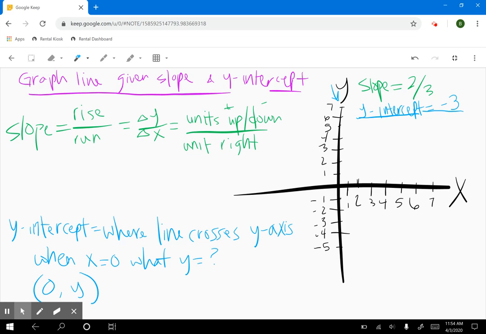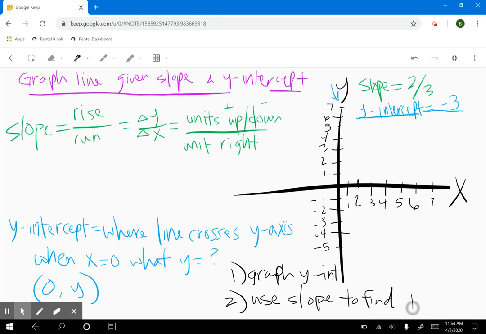So the easiest thing, in my opinion, to do is first, I would graph the y-intercept. Again, you don't have to do it this way. This is just the way that I find is easiest. And then use the slope to find other points. Okay, so let's do that.